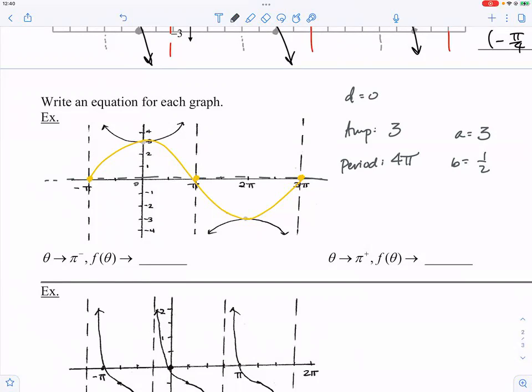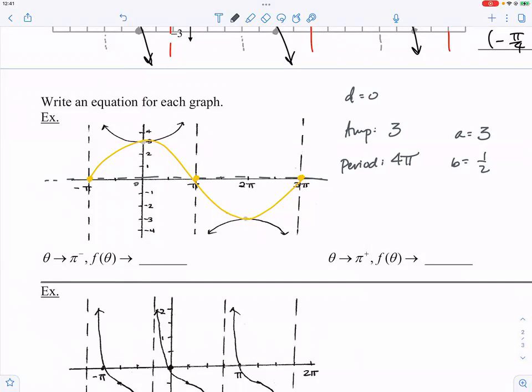So now here's another question. You could do a sine graph or cosine graph in this case. Which one's easier? If you do a sine graph, then you have to make sure that you include the phase shift, which is shifting to the left by pi units.